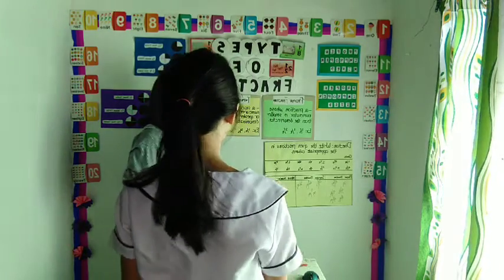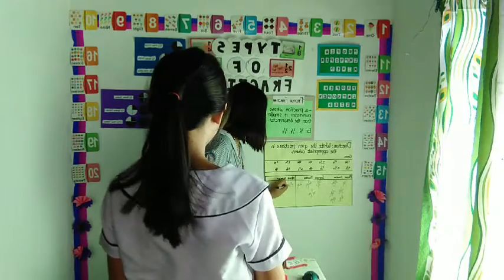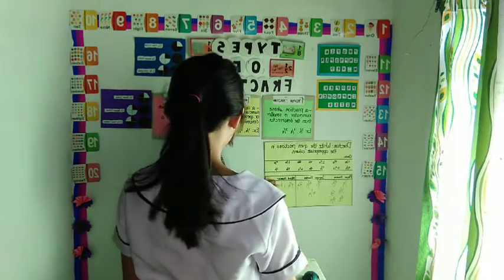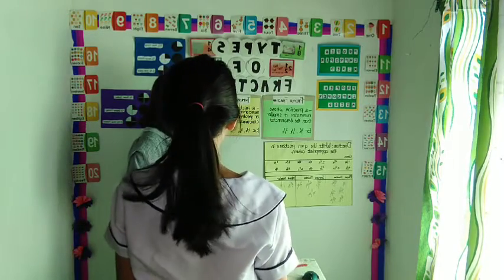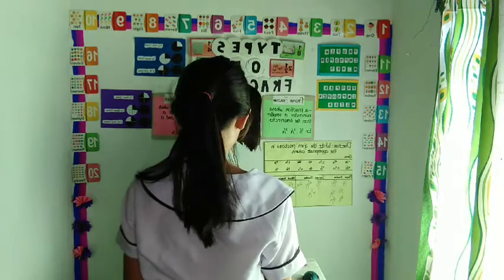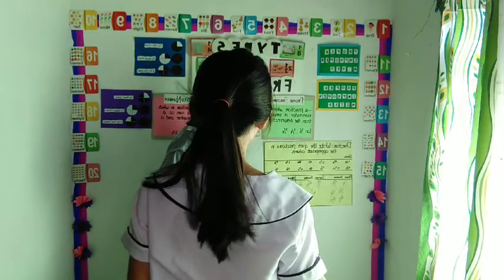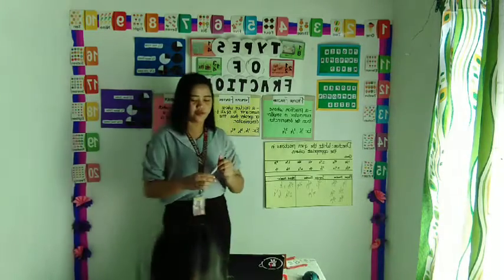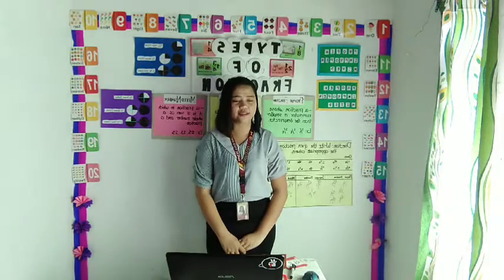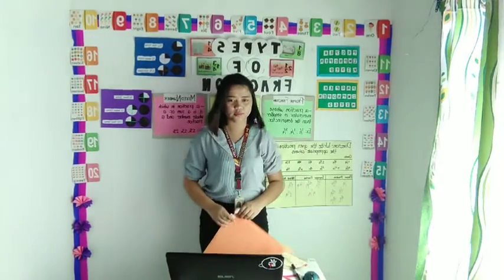What about mixed numbers? 3 and 1/3, 1 and 1/2, 2 and 1/4, 6 and 1/2. Very good. Now give yourself three very good claps. 1, 2, 3. Very good.